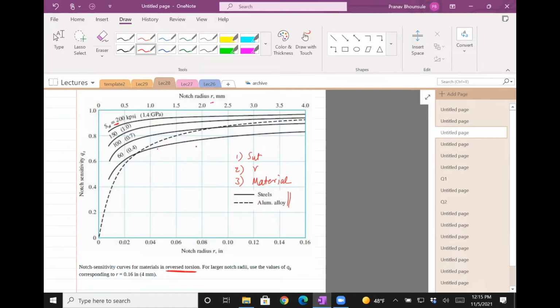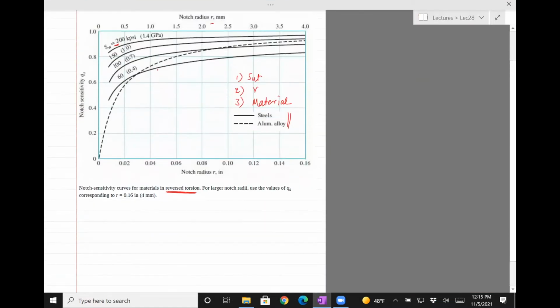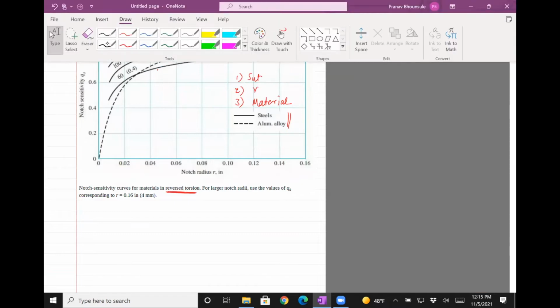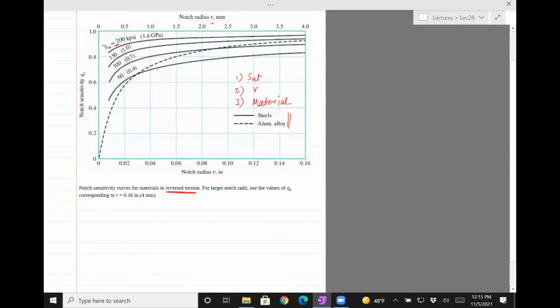Now that's one way of doing it, using this plot. You could also express the relation between q and r as an equation.